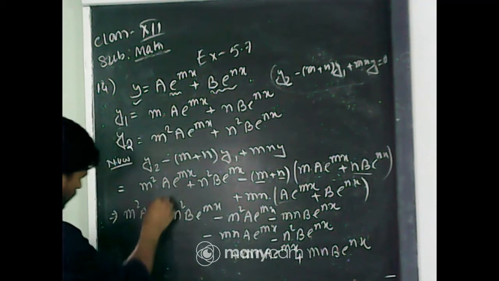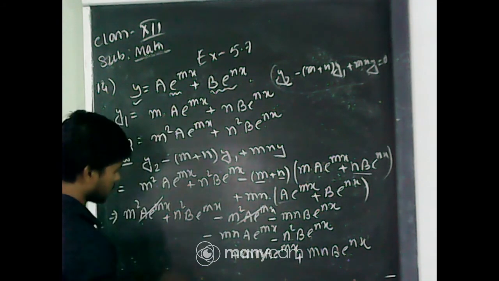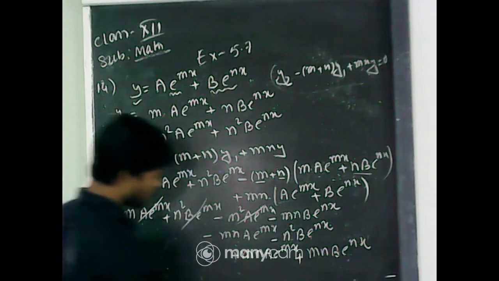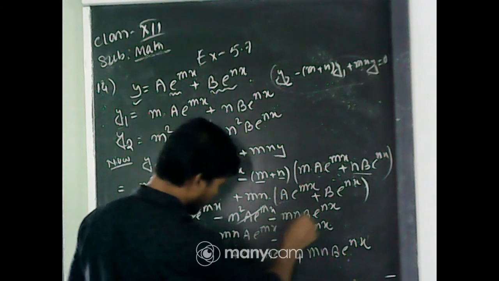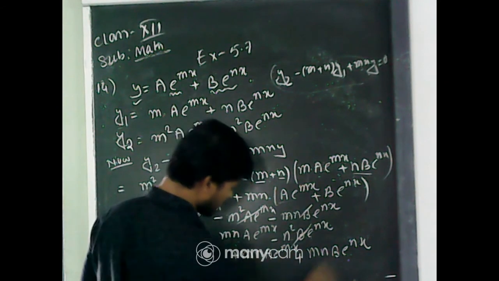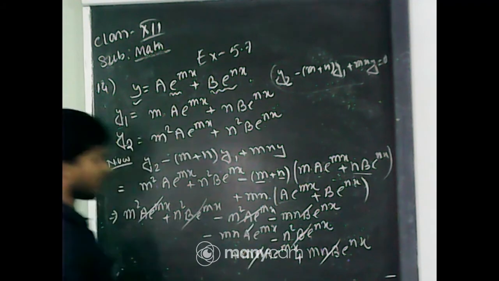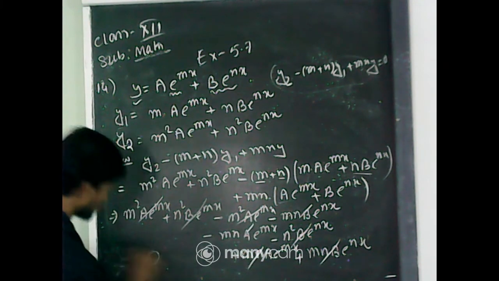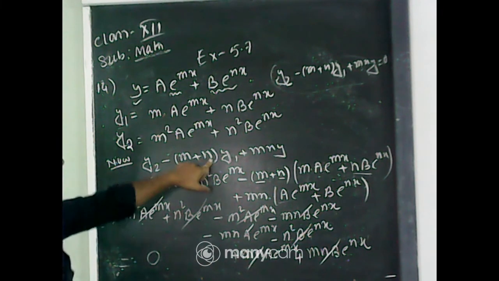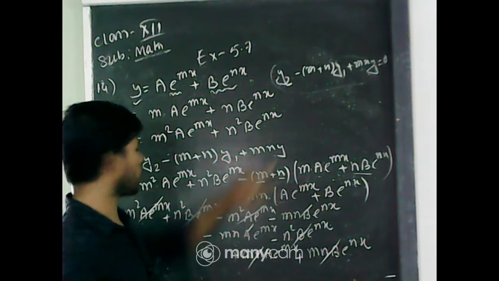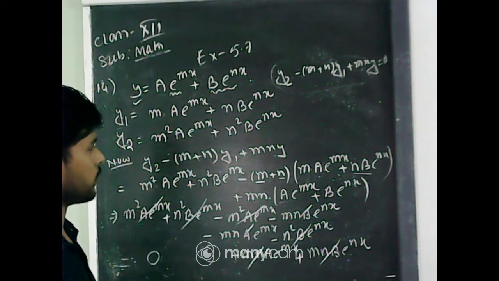Now look, m square a e to the power mx and minus m square a e to the power mx cancel, n square b e to the power nx and minus n square b e to the power nx cancel, minus mn b e to the power nx plus mn b e to the power nx cancel each other, and the value is 0. So we can say that y2 minus (m plus n) into y1 plus mn into y is equal to 0, and hence this is proved.